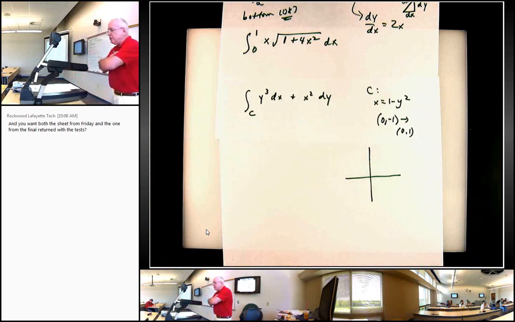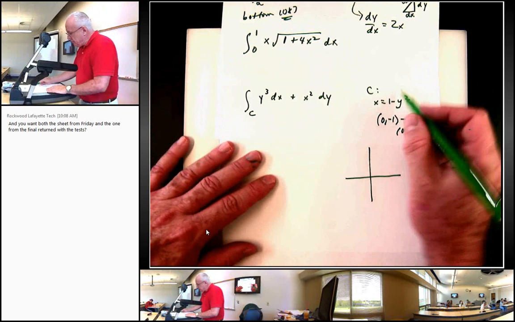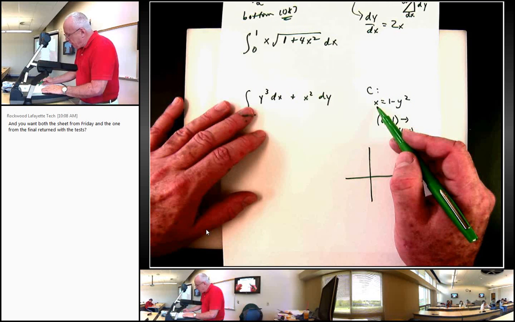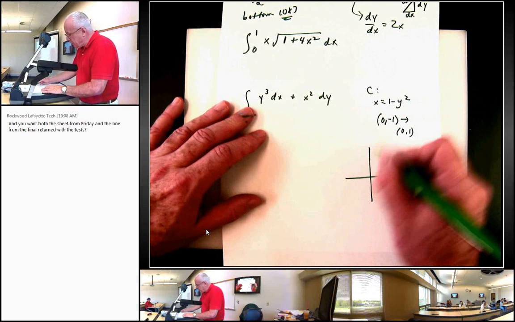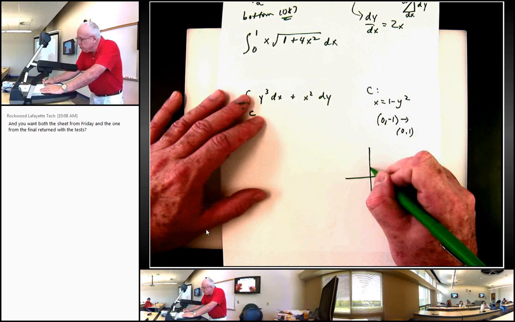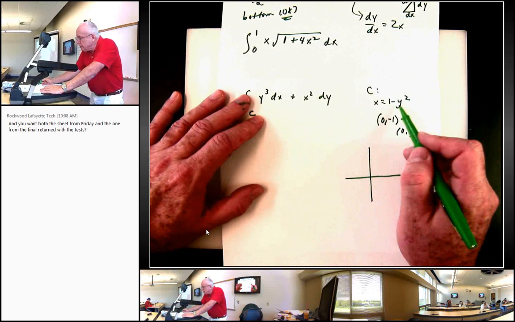So basically, when x is 0, we're going to have y is either going to be plus 1 or minus 1. All right. And then when y is 0, x is 1.